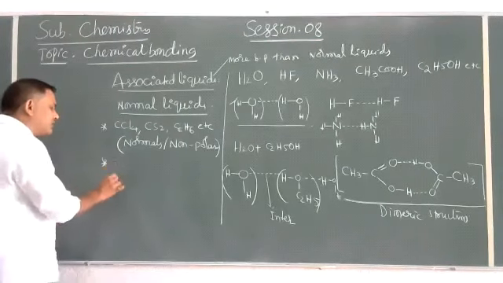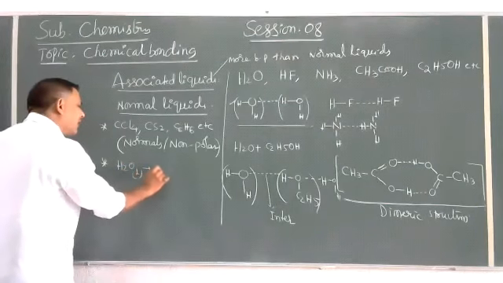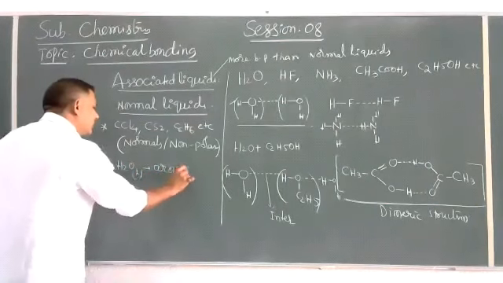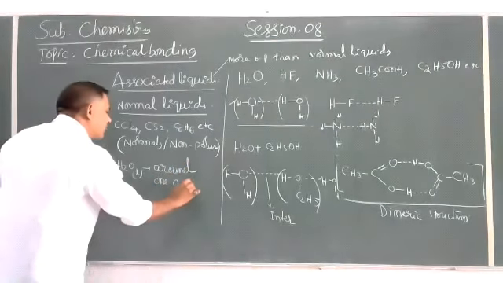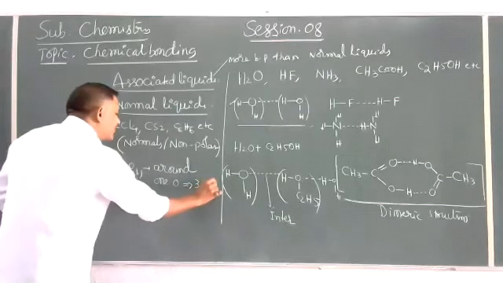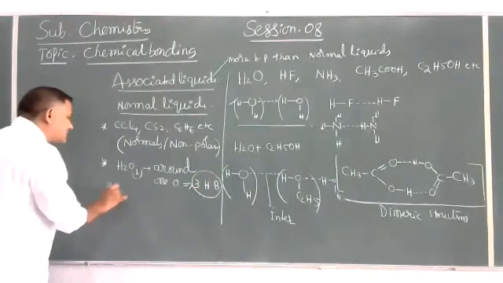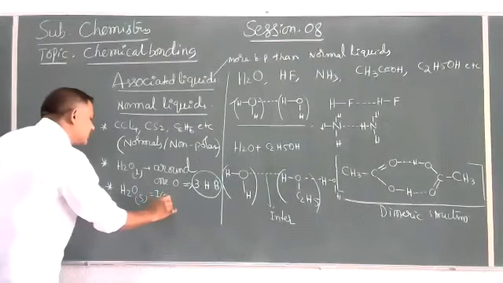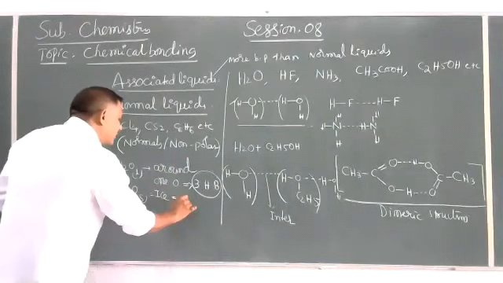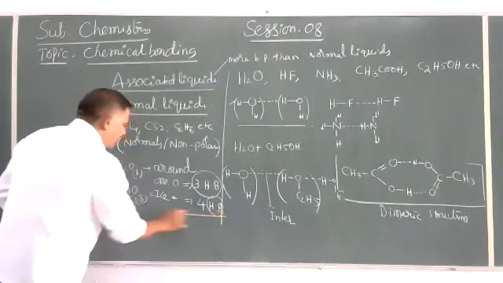Here, in H2O liquid, around one oxygen, 3 hydrogen bonds are present. Very, very important. Whereas in H2O solid, that is ice, around oxygen, 4 hydrogen bonds are present. Very, very important.